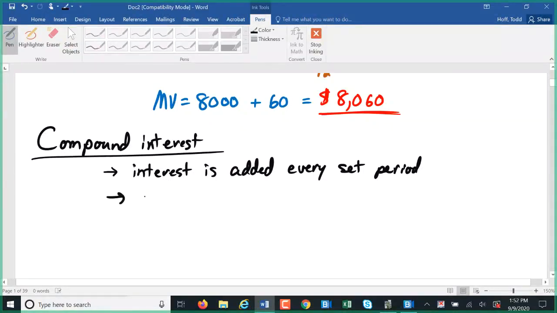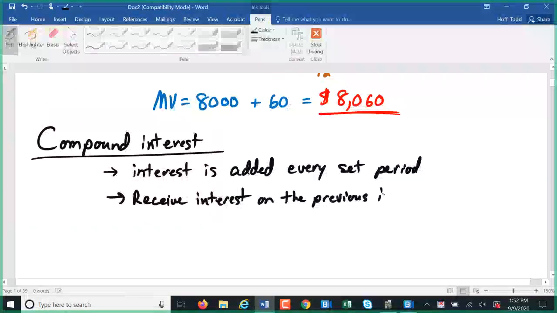And then after that, you receive interest on the previous interest. That's why it's called compounding. It builds, it compounds interest on top of the interest.